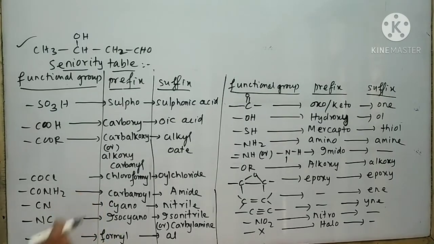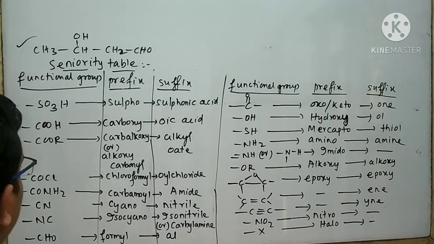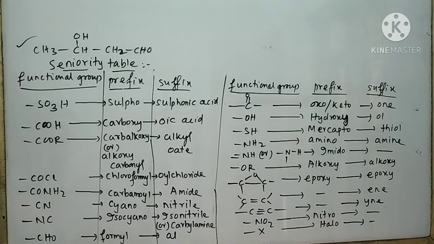Look at that, this is the seniority table. In the seniority table, different functional groups are present. It is necessary to remember the order of the different functional groups arranged in the seniority table. It is also necessary to remember the prefix and suffix of each functional group.